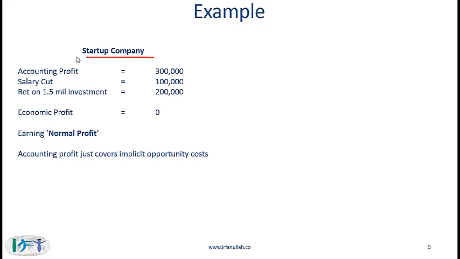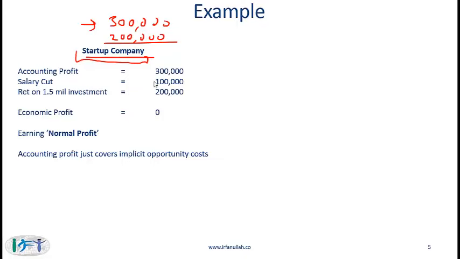It turns out that to run your own company, you are taking a salary cut. Your salary, if you were to work at a regular large company, would be 300,000, but you are paying yourself 200,000. This means that you are taking a salary cut of 100,000. This is an opportunity cost.